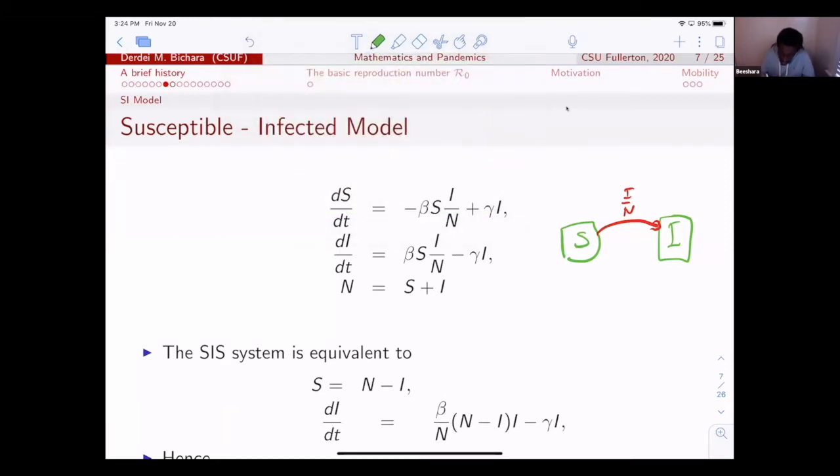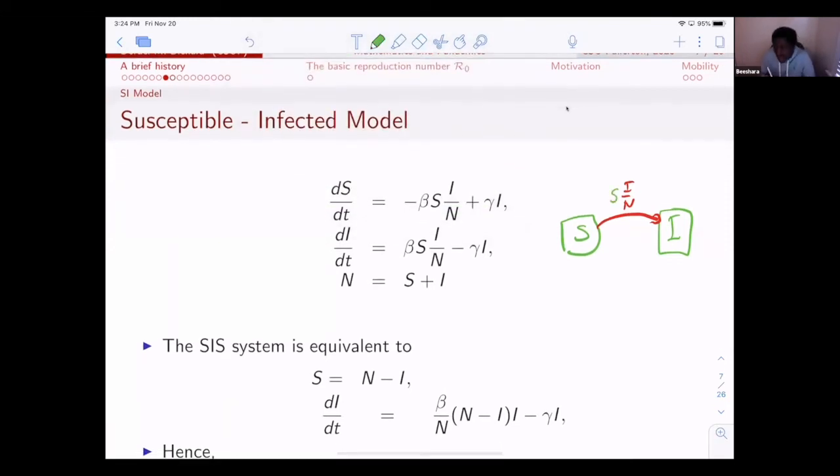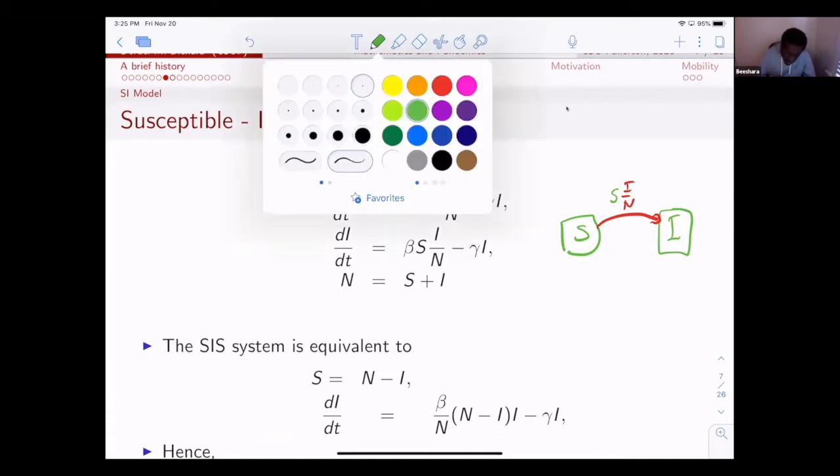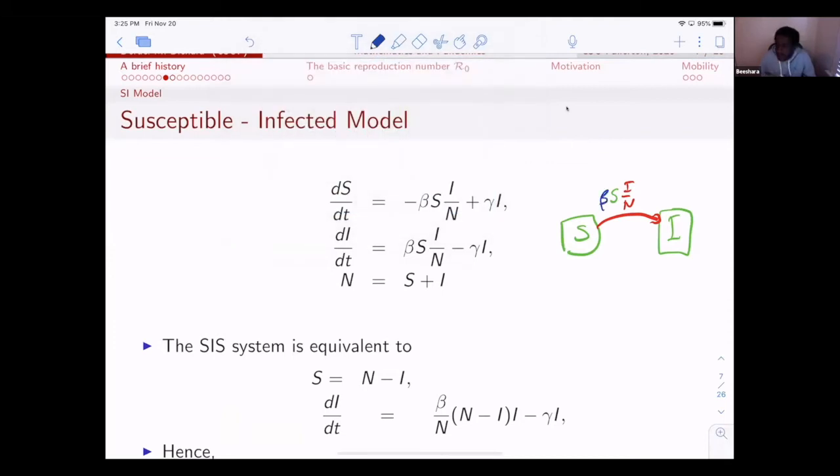So that's the contact term. Now, even if we had a contact, there's a likelihood that I might not get the infection. So we multiply by beta: if a certain person meets someone who is infectious, this contact will lead to infection with probability beta. So beta is the probability to get an infection once you get in contact with someone who is infectious.